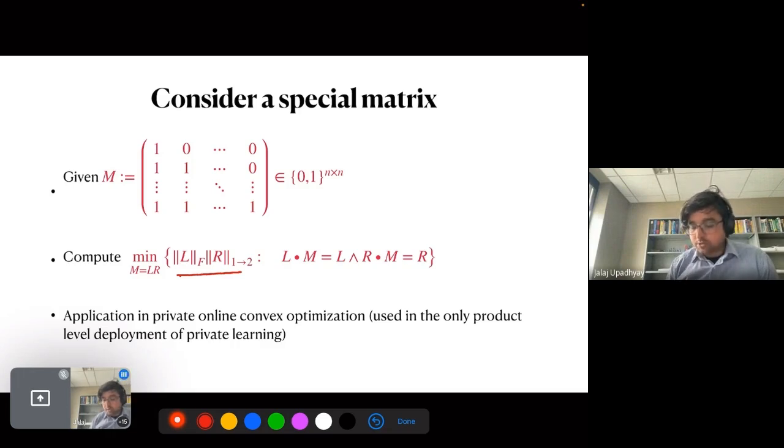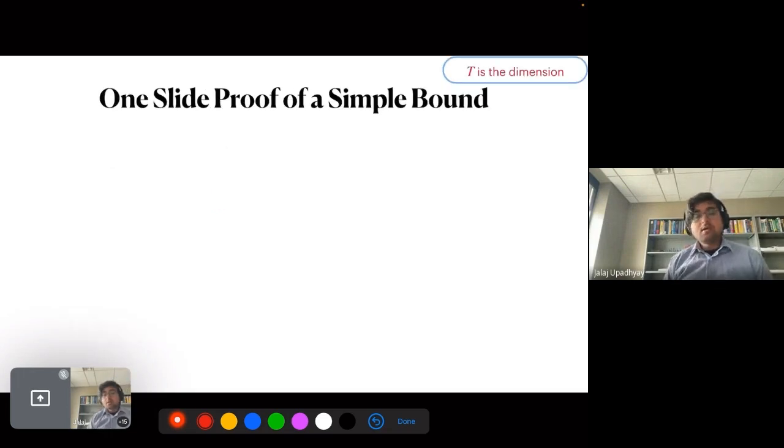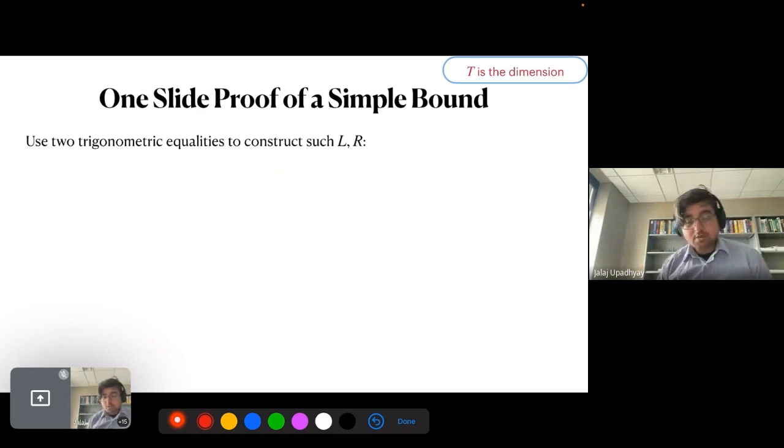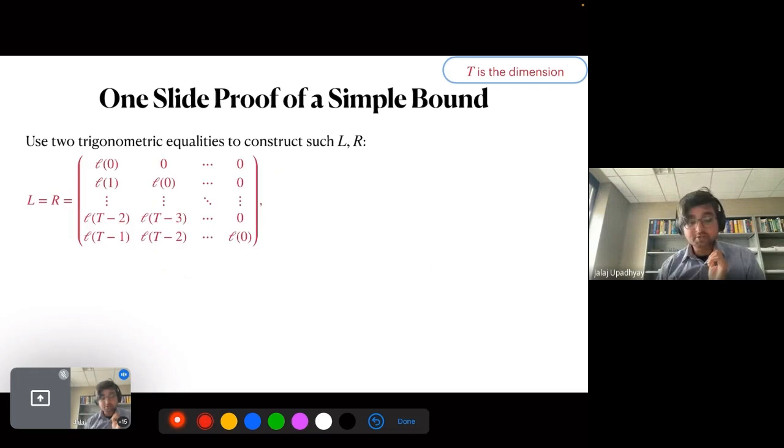So how do we go about it? Well, I will give a one-slide simple proof of the simple bound, and then I will get to the much tighter bound. Basically, I use just trigonometry to compute L and R. With a much better understanding, there is another simpler proof for how you can achieve this LR matrix.